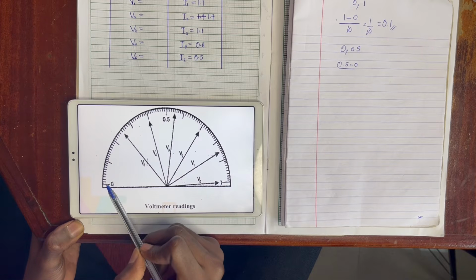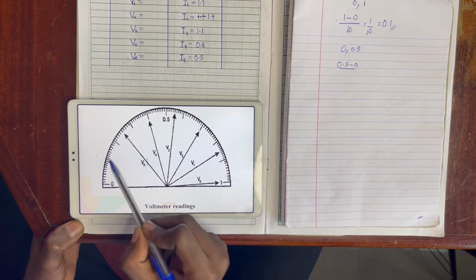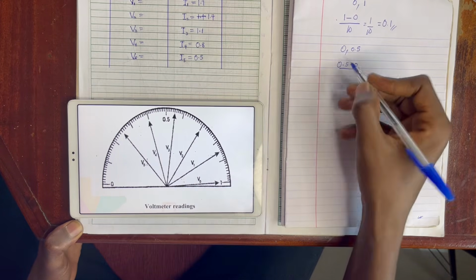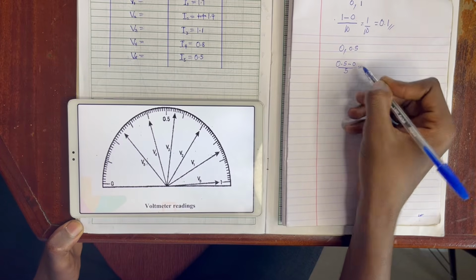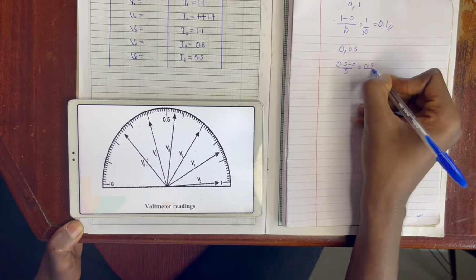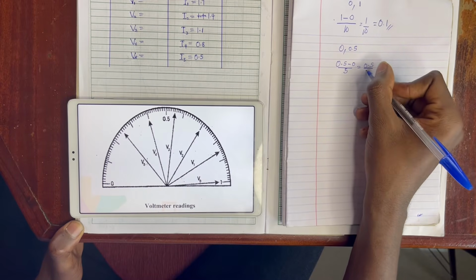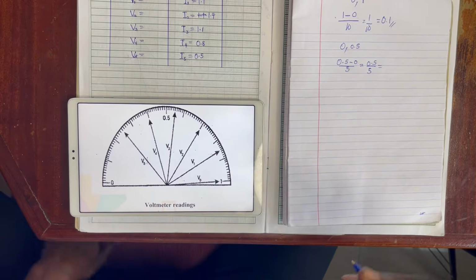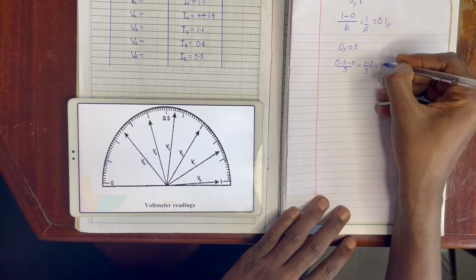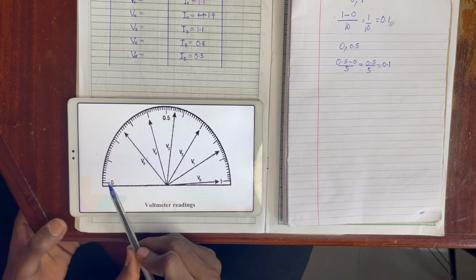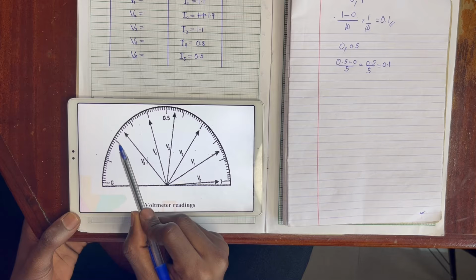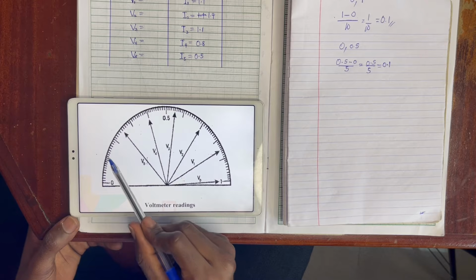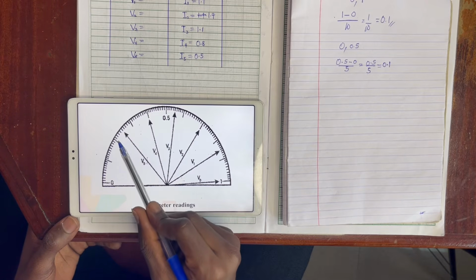Between this and this is 1, between this and this is another 1. So 1, 2, 3, 4, 5, so over 5. 0.5 minus 0 is 0.5 over 5. So the answer is 0.1. All right, so it means 0, 0.1, 0.2. Now for V5, you realize that it's between 0.2 and 0.3.